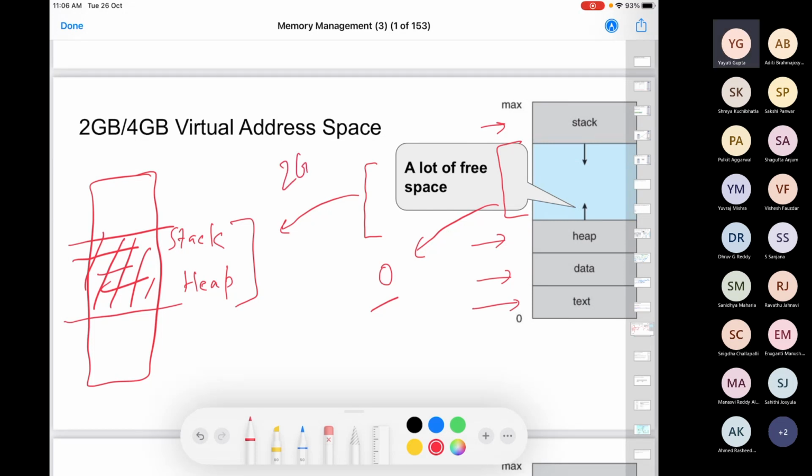We said that a process gets 2 GB or 4 GB of virtual address space, and a good chunk of this is actually here. The data and text parts of your process are actually very small. The biggest part is for the stack and heap area. So why would you want to allocate a process 2 GB in the very beginning for this area? Why not just give it 0 GB and let the process grow with time? What's the problem with that?